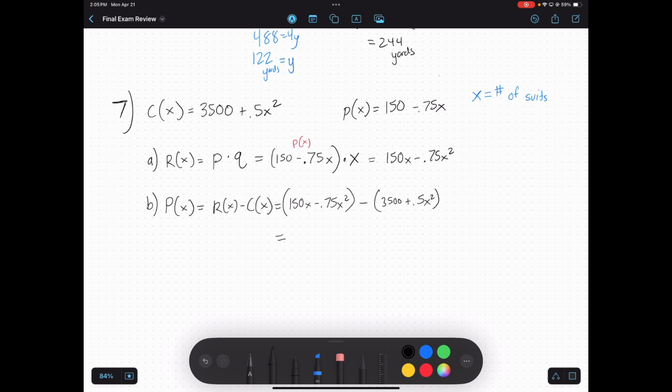Okay. Put it all together, and you're left with negative 1.25x squared plus 150x minus 3,500. You okay with that? Because you have negative 0.75x squared minus 0.5x squared, so it becomes more negative. Okay.